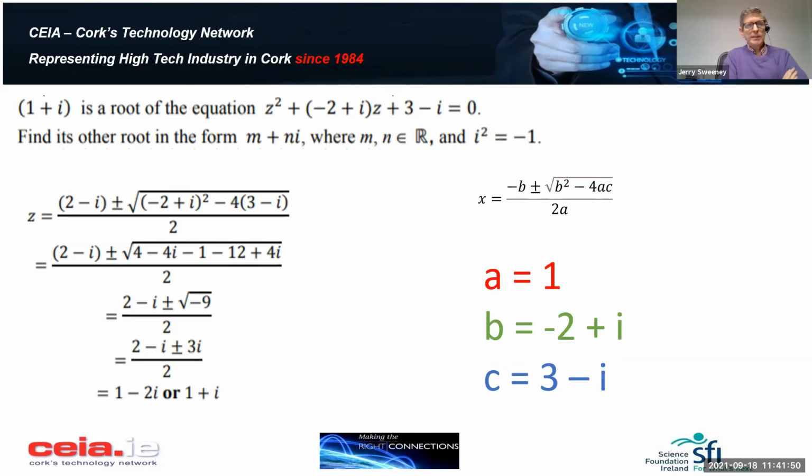So here we solve for z, and we use our good friend, minus b plus or minus the square root of b squared minus 4ac.